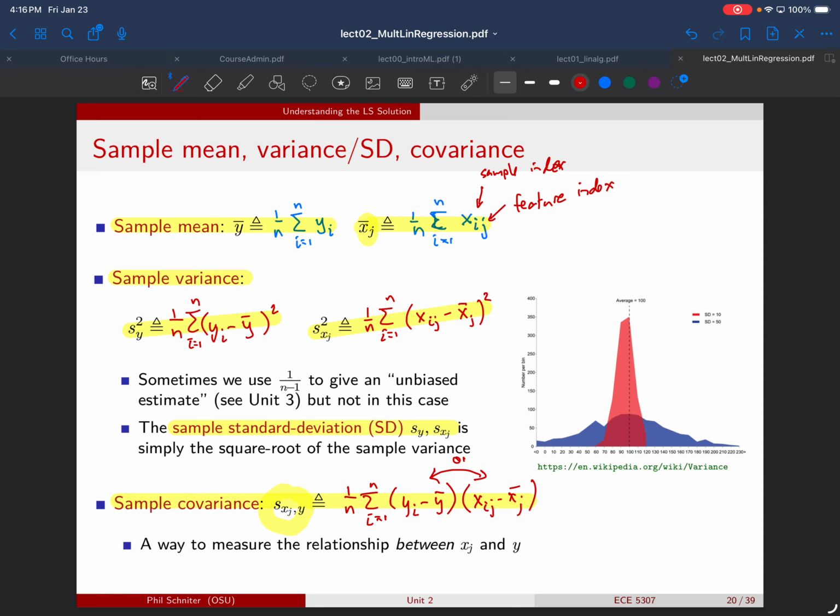It doesn't matter because they're real numbers, so you can swap them, and that's why you might notice that xj comes before y here, but either way it's the same. This is basically the simplest statistical description of the interaction between the targets and the jth feature.